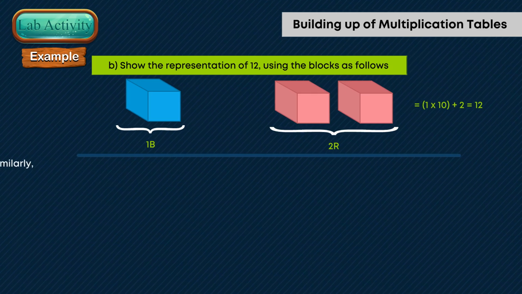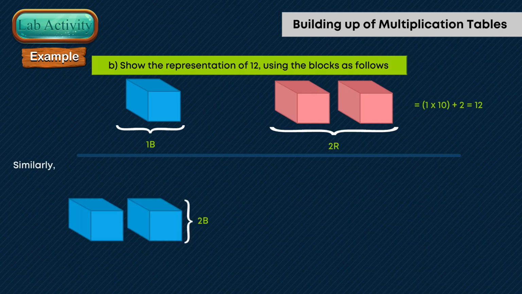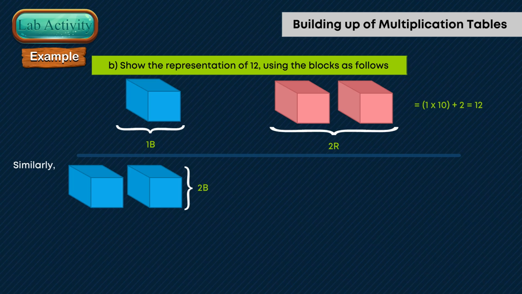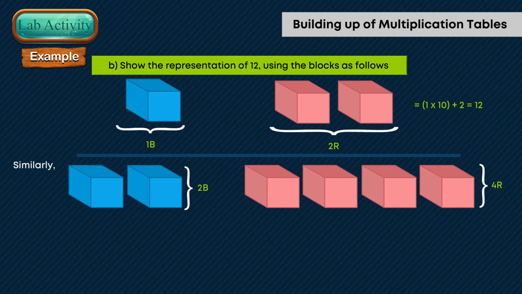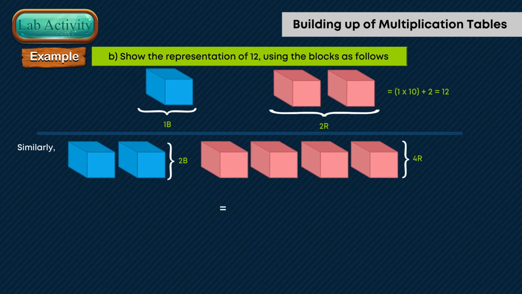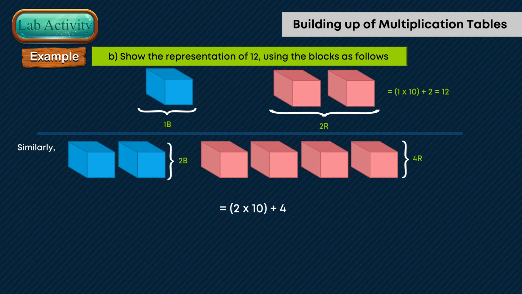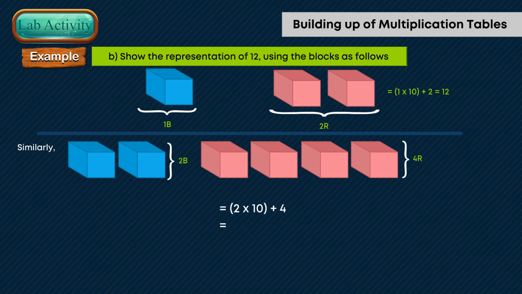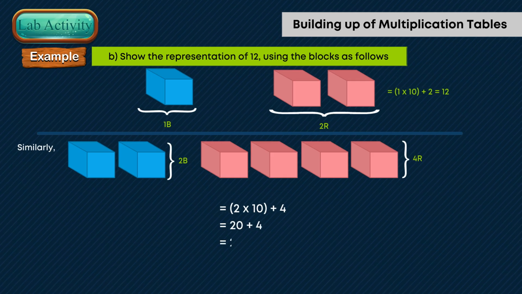Similarly, 2 blue blocks and 4 red blocks is equal to 2 into 10 plus 4 is equal to 20 plus 4 is equal to 24.